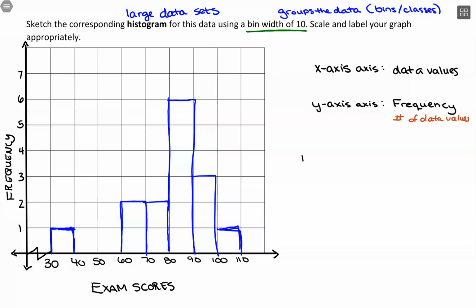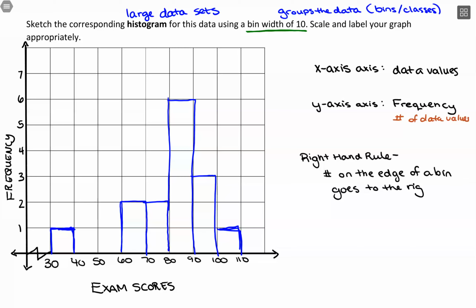So this is called the right-hand rule, which just means a number on the edge of a bin goes to the right-hand bin.